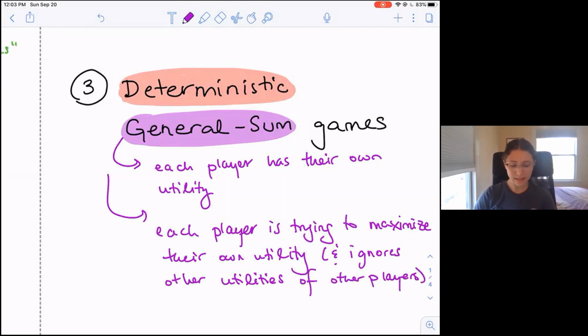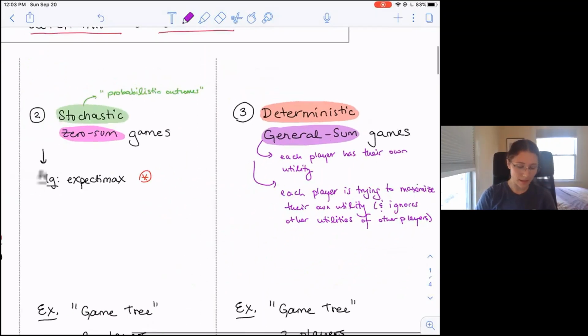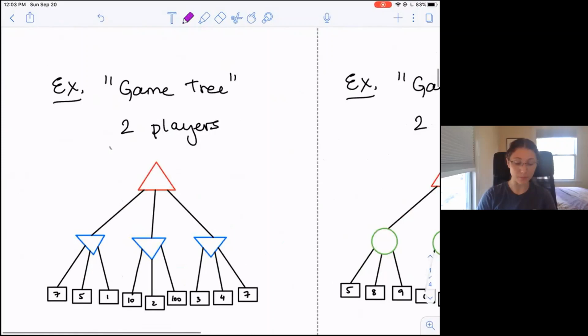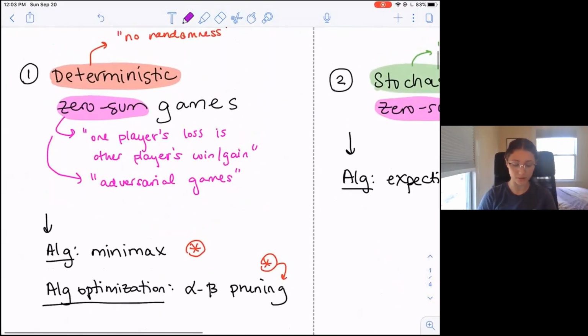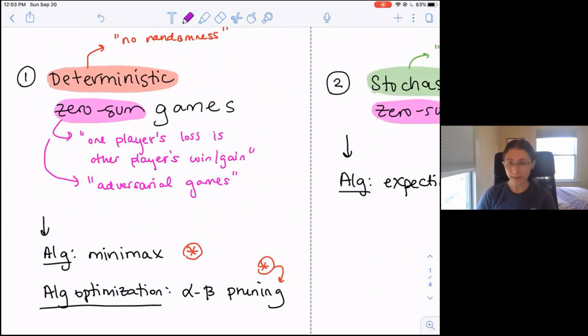So let's see one way to visualize these games and also instantiate some number of players that we might be dealing with. Let's talk about deterministic zero-sum games. One thing that's going to happen when we're actually running algorithms is we're going to instantiate these games as something called a game tree, where essentially we can enumerate all possible outcomes that might happen if player 1 takes an action, how player 2 would respond, how player 3 would respond, and so on and so forth.